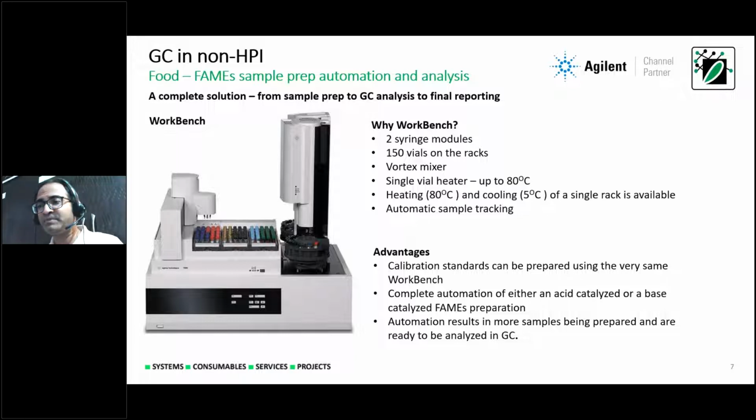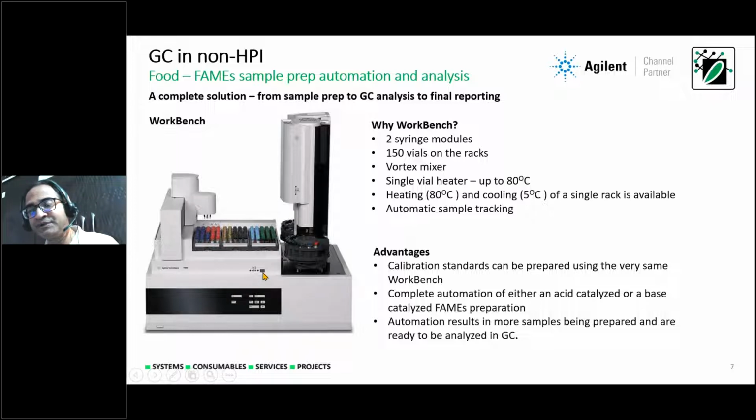So either of those methods, we actually can do the automation. Automation results in more samples being prepared, and therefore we will be able to do more samples on the GC when we are running the sequence. So the automation actually will serve the purpose. It will do the complete automation of your FAMES sample prep.